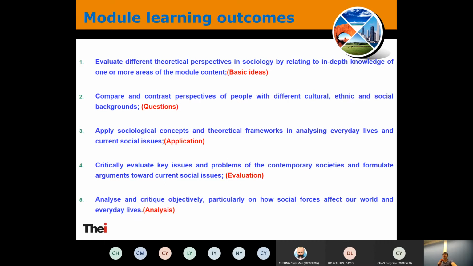And in fact, you also have to rely on this foundation to raise a question and then to link up with the application, which means that you have to convince your reader, your marker, that you have a fundamental understanding of these theories. And then this theory allows you to raise some question.